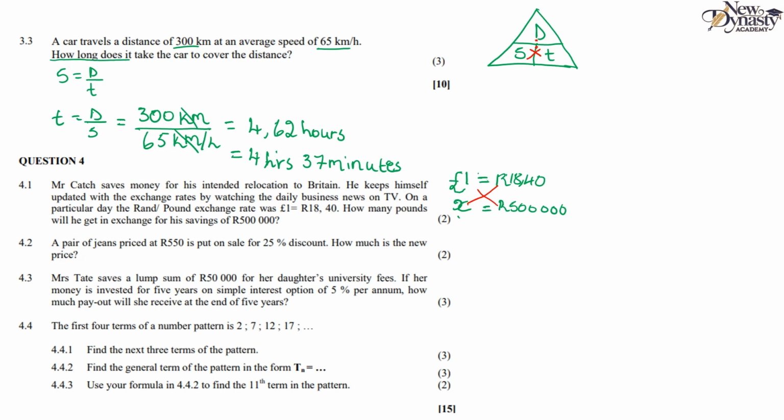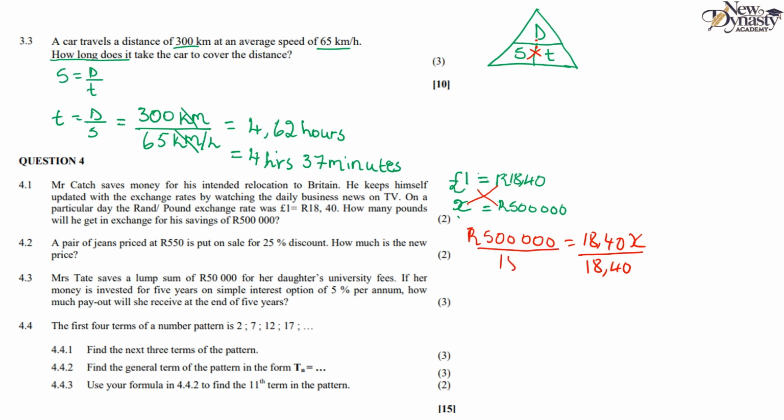So you're going to have your 500,000 after multiplying by 1 equals 18,40 x, because you're going to multiply that by x. Then because we're looking for x, we're going to divide both sides by 18,40 so that we get only the value of x.